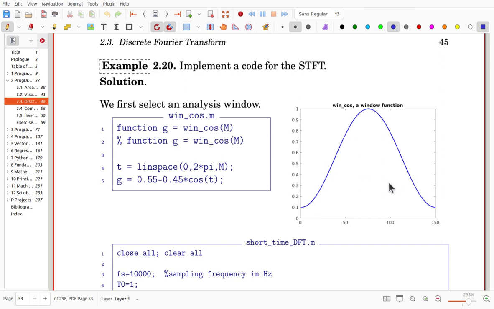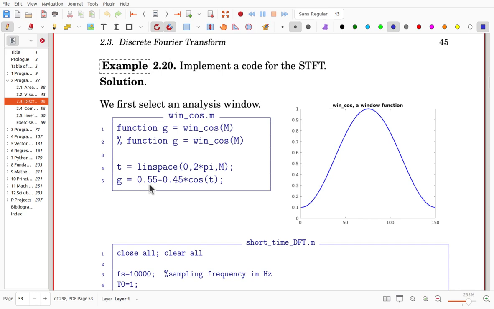It is gotten in this way. Now I named it window cosine. The reason is I'm using the cosine function. First, select the points from 0 to 2 pi, here m points, and then by using cosine, we try to get the window function.